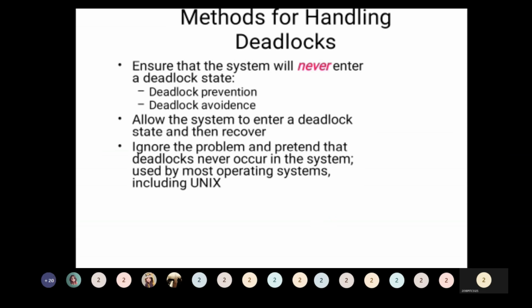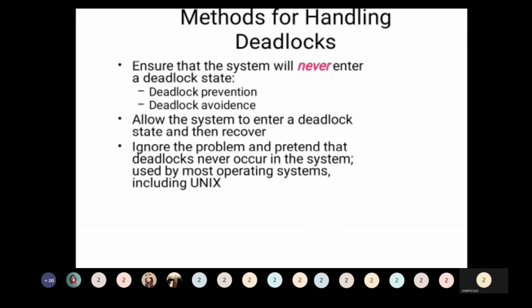Prevention is done without the possibility of occurrence of deadlock. Suppose there is a condition where deadlock might occur, we try to avoid it. It is like taking a vaccination for preventing a virus, and following the COVID rules for avoiding the virus. Here also, deadlock prevention as well as deadlock avoidance.